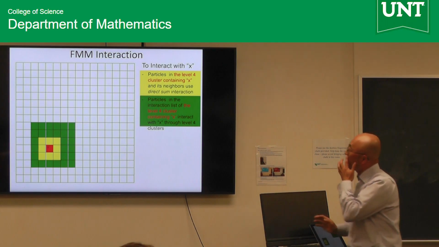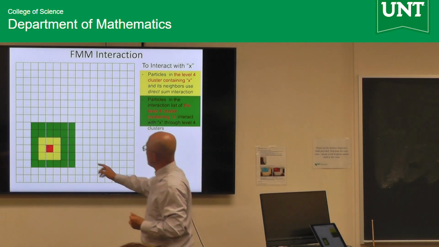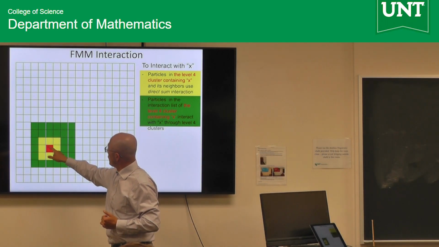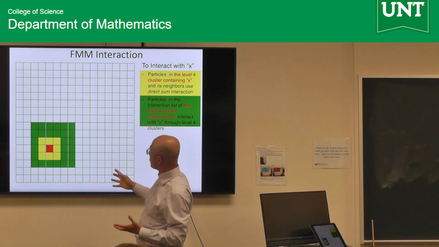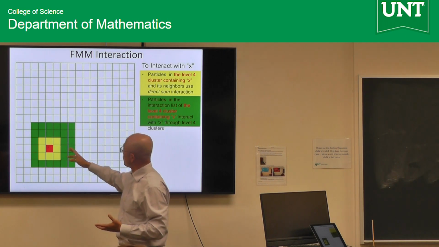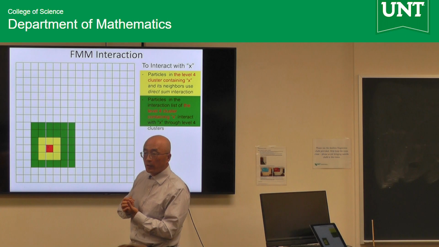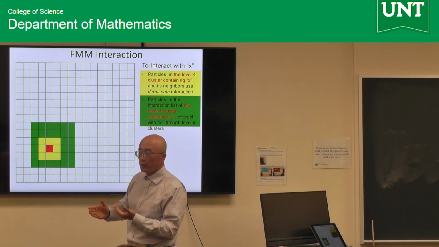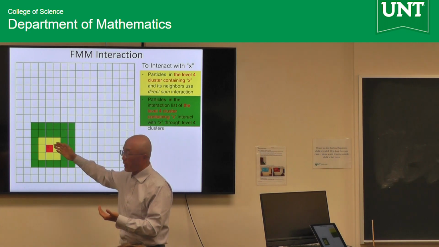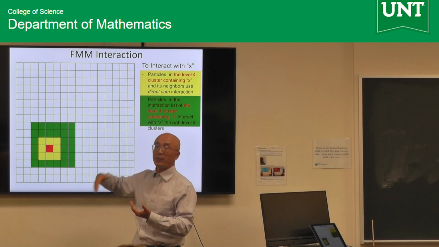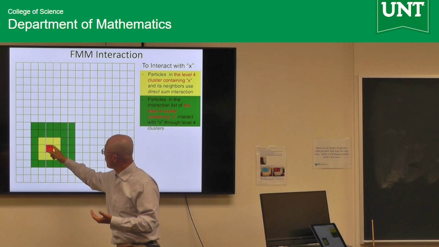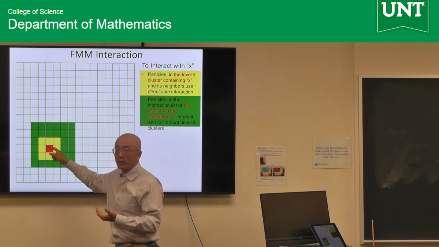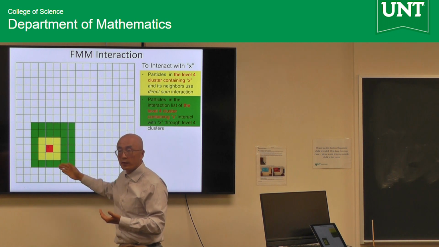Now, when this X needs to interact with the entire space, we pick its interaction list. So what is the interaction list? They are not neighbors, but their parents are. If we pick this red one here, then the interaction list is all the green ones, right?